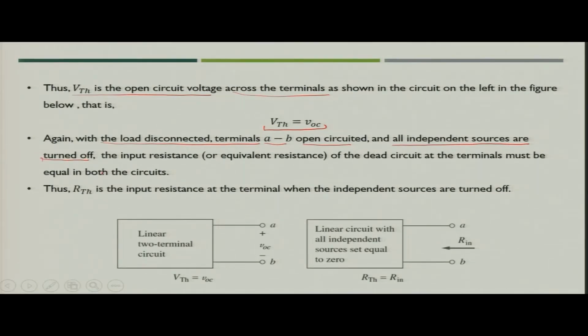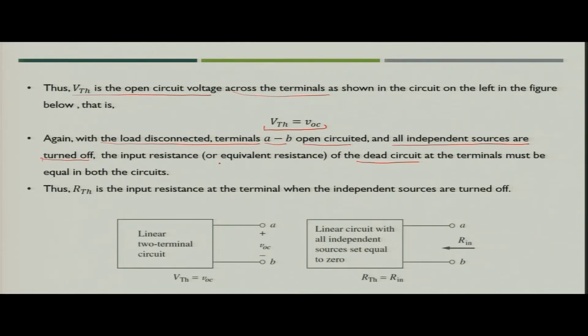Turning off the independent sources means if you have a voltage source inside, you will replace it with a short circuit, and if you have a current source, you will replace it with an open circuit. So, in that case, this linear two terminal circuit would be nothing but a dead circuit because there is no source available.